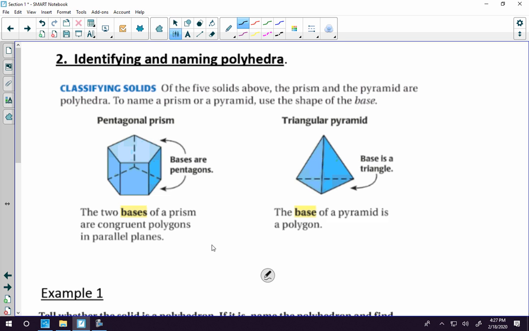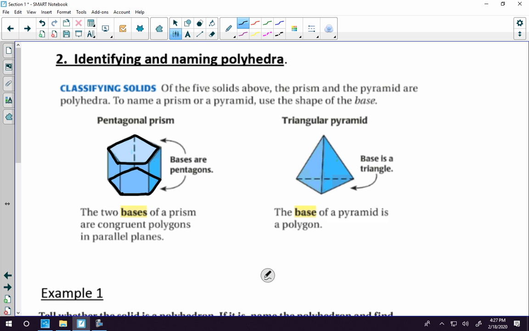Looking at the pentagonal prism, the bottom is a pentagon, and I'm highlighting the bottom base. Then there's a top pentagonal base. These two bases are congruent, so this has to be a pentagonal prism. A prism is a polyhedron that has two congruent bases in parallel planes.